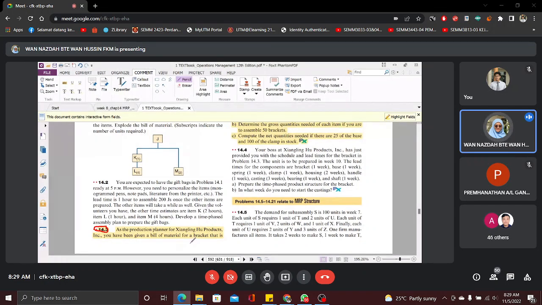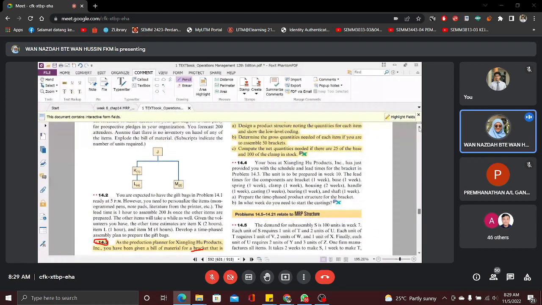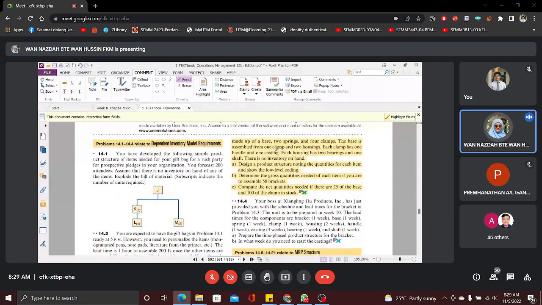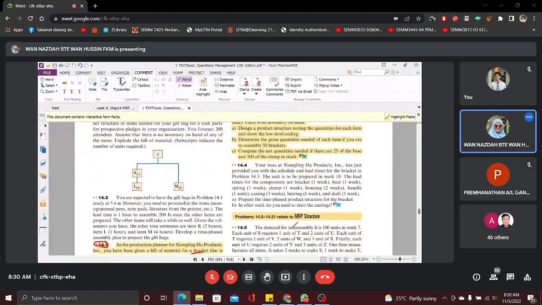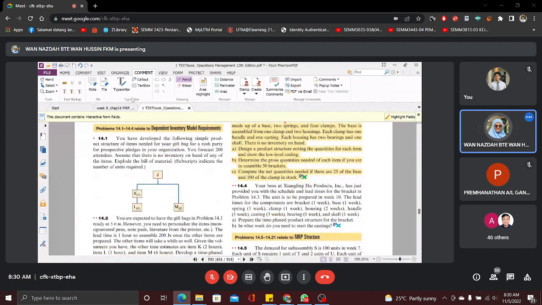Okay, a bill of material for a bracket, that is made up of a base, 2 springs, and 4 clamps. Okay, so consider this one is apa benda barang kita tu tadi tu? Bracket. Okay. Kita bayangkan ini bracket kita eh.